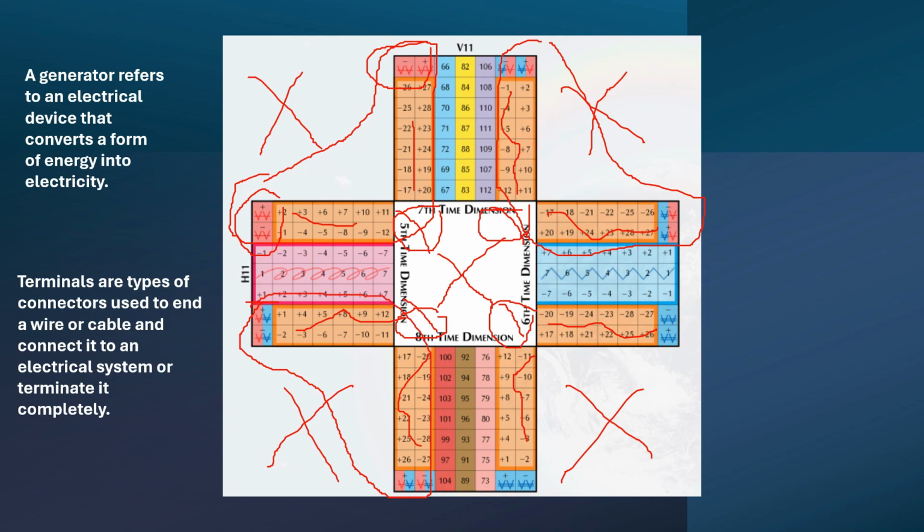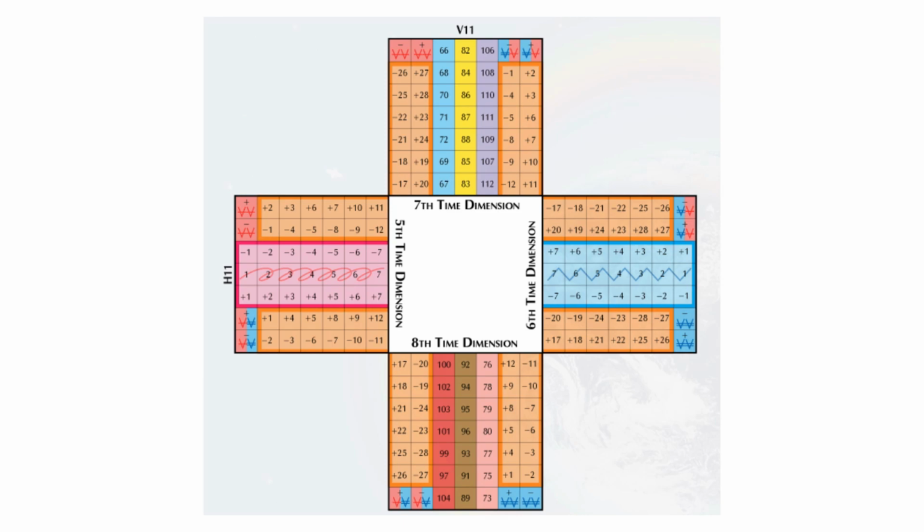Beta beta goes from the eighth time dimension, seventh mental sphere, over to the sixth time dimension, sixth mental sphere. Each one having their own set of generator and terminals. There are 8 altogether.